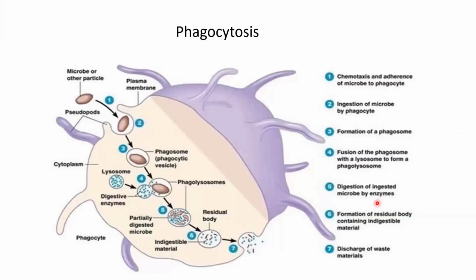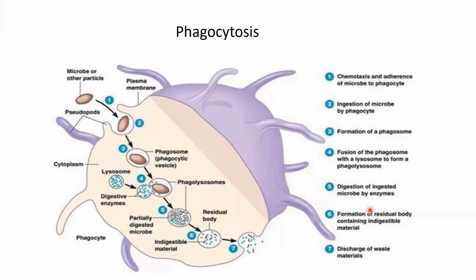Okay, so once the neutrophils reach near the pathogen, they are going to do this phagocytosis, which is called eating of the cell. We talked about it when we were talking about different mechanisms in the previous chapter.